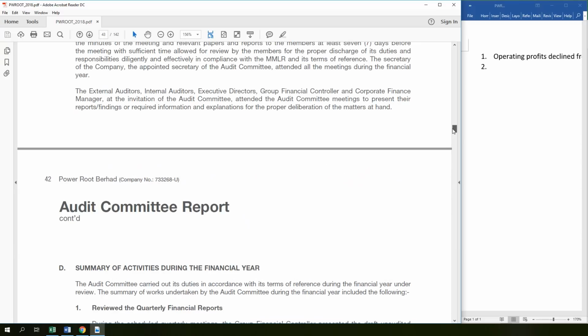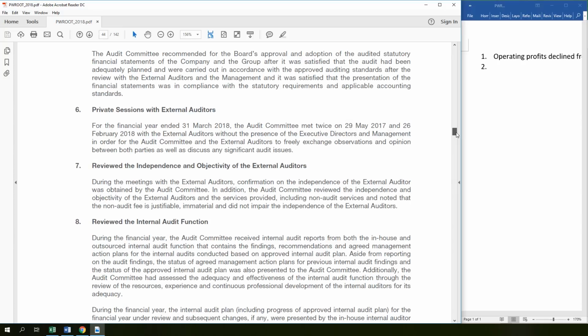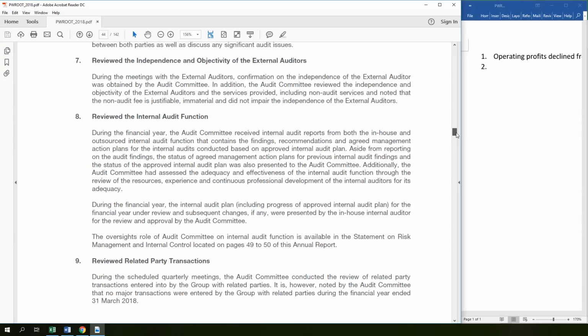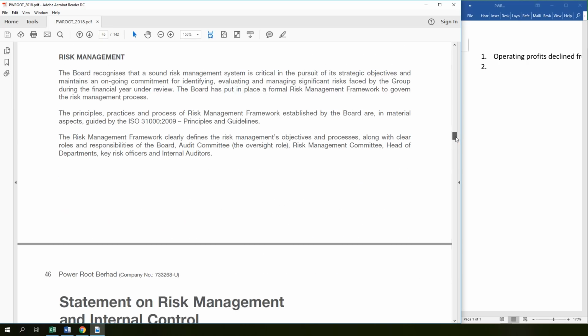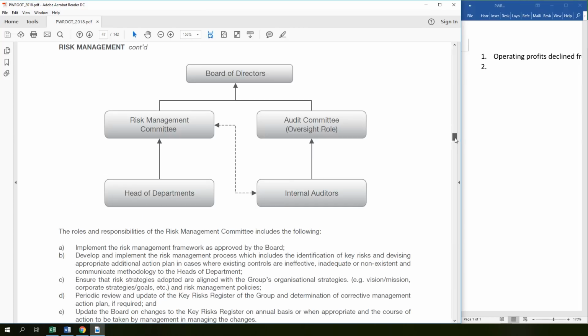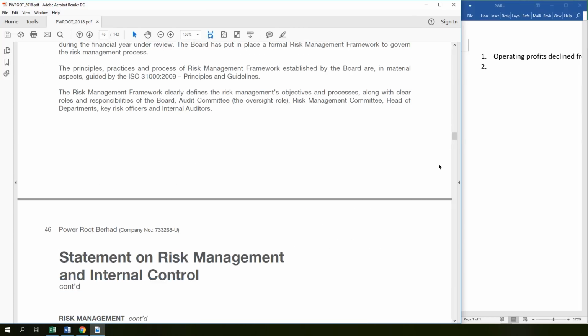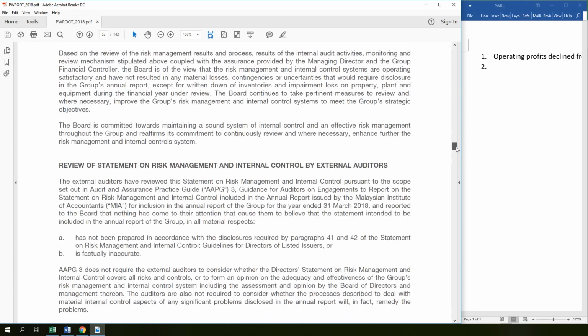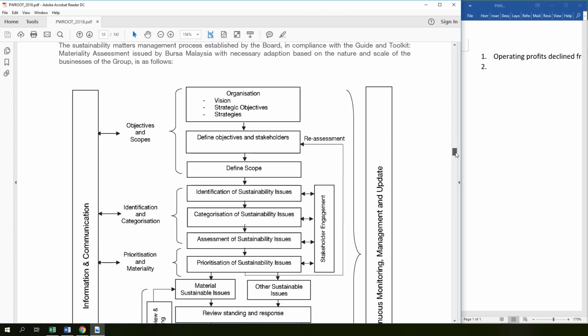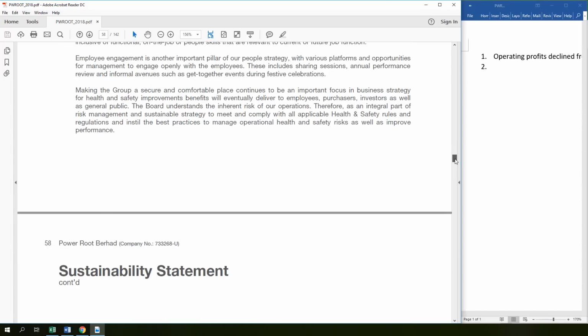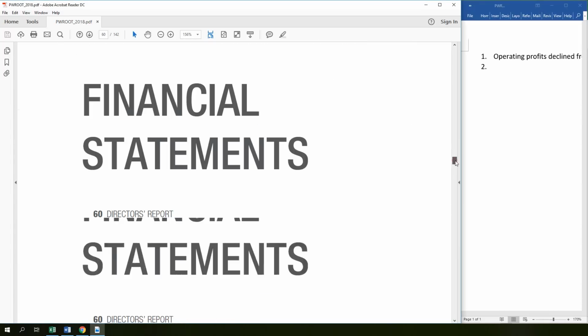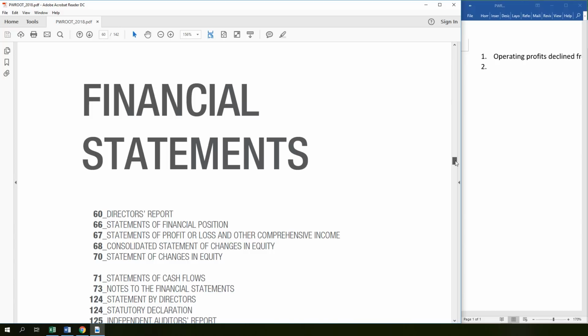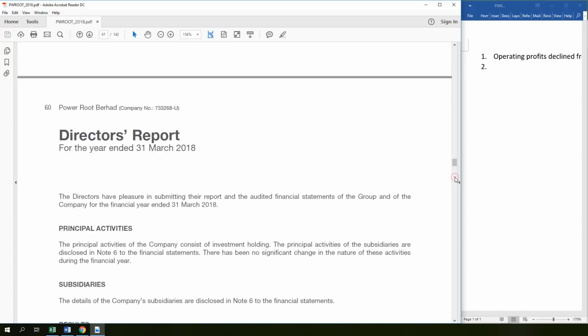This is audit committee report. Let's move on. Statement on risk and internal control. Nothing much here. We just move on. Okay, financial statements. Okay, start with director's report.